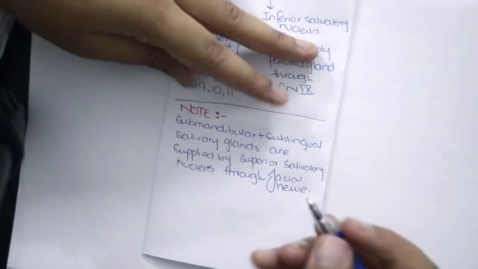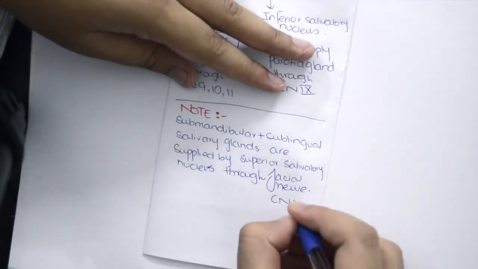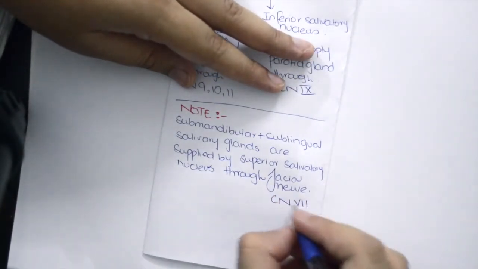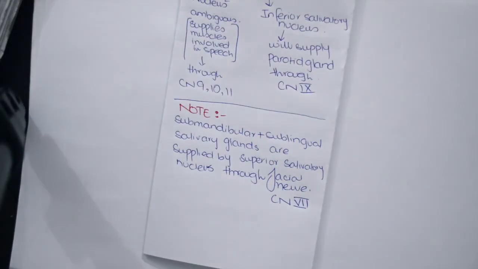And if you don't know what the facial nerve is, that is the seventh cranial nerve, and you should know the names of the cranial nerves. That's important.